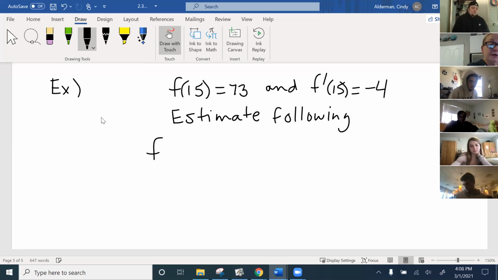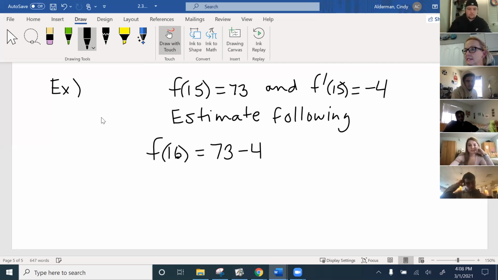Let's say f of 16. Well, since they're giving you the derivative, for every increase of 1, like if it went from 15 to 16, it's going to decrease by 4, right? So we know that f of 15 is 73, so f of 16 must be 73 minus 4, because 16 is 1 more than 15.